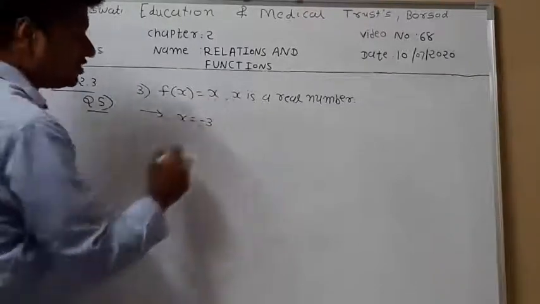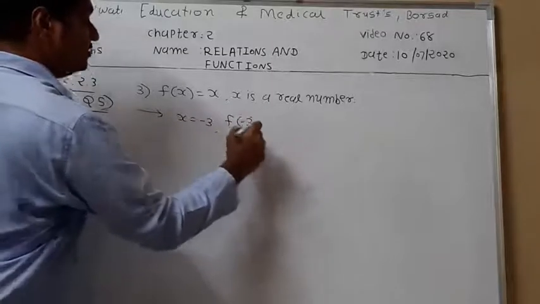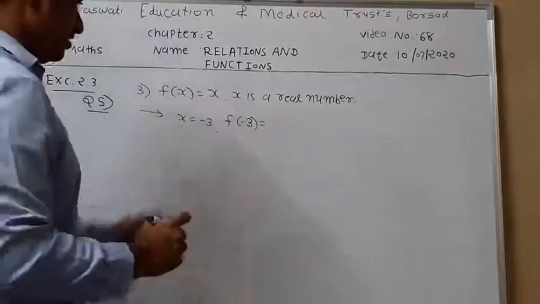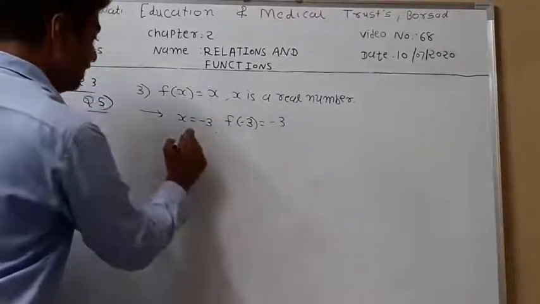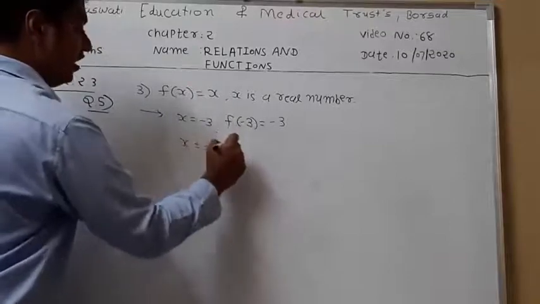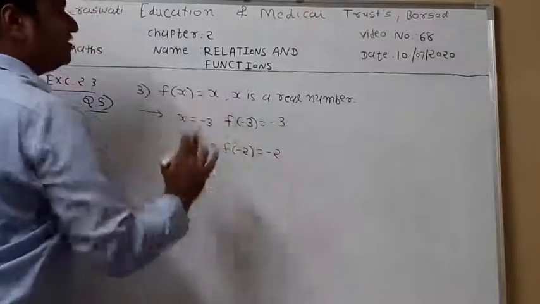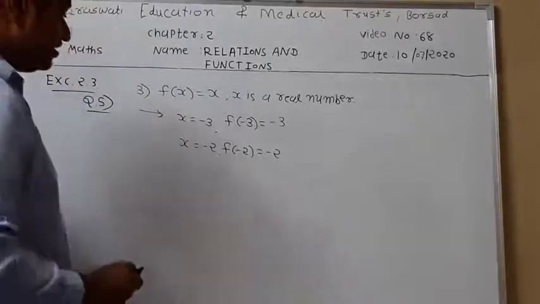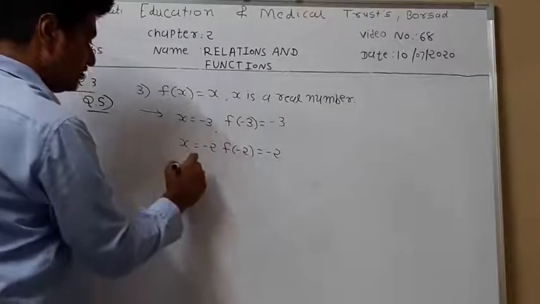Now substitute in this equation. So f of minus 3 is equal to minus 3. x is equal to minus 2. Now f of x is equal to x, so f of minus 2 is equal to minus 2.